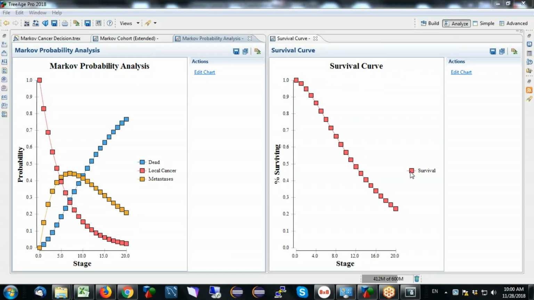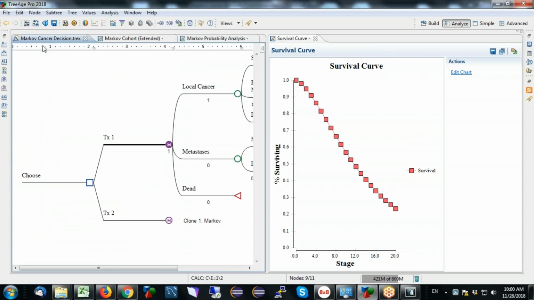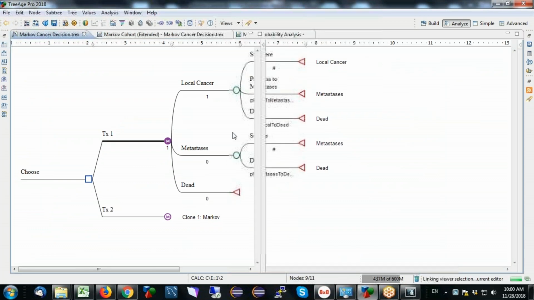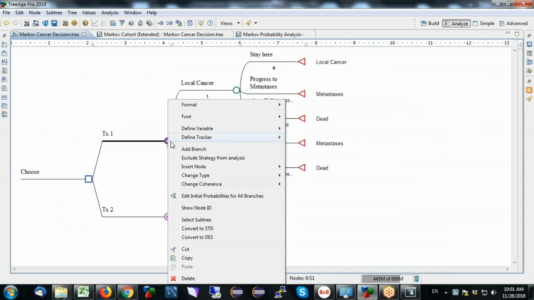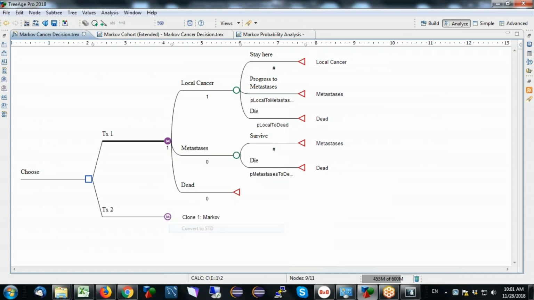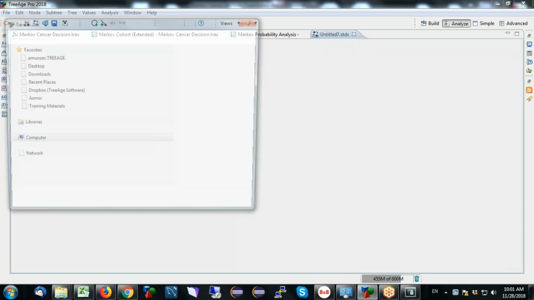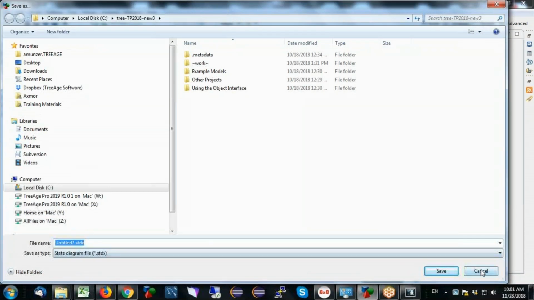And then there was another question from Bill about the state transition diagram. So you can convert any Markov model to a state transition diagram or vice versa. So if I right-click on this and convert to unfortunately named STD, I don't need to save it.